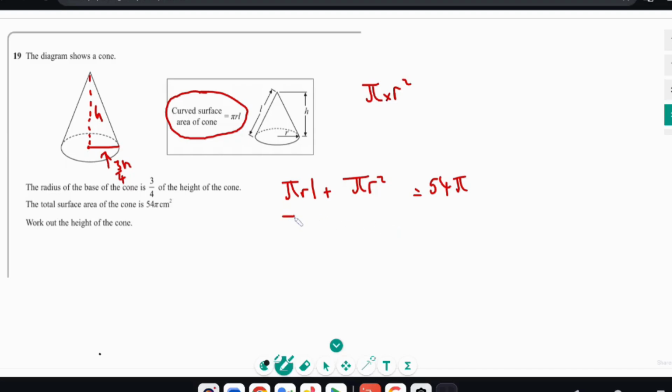So here's the curved surface area of the cone, and then plus the area of the circle at the bottom, which is pi r squared. So we've got pi r l plus pi r squared. The curved surface area plus the circle at the bottom is equal to 54 pi. Let's substitute some values in here. So r is 3/4 h.